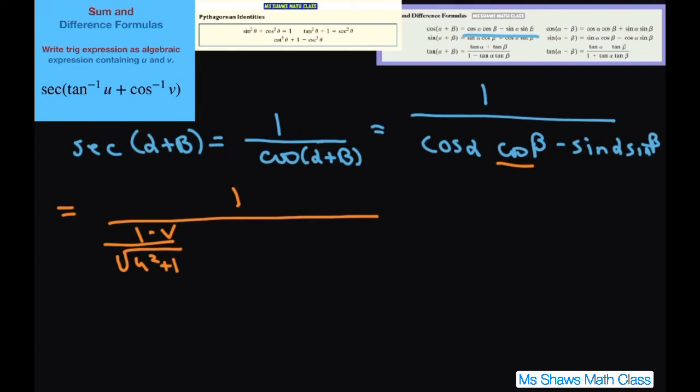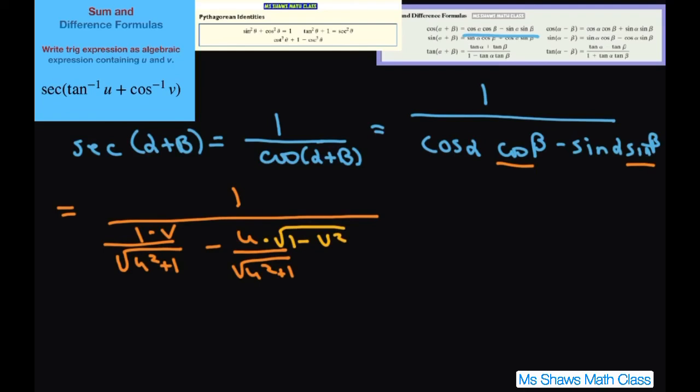Minus, and then we have sine of alpha, which is u divided by square root of u squared plus 1, times sine of beta, which was square root of 1 minus v squared. Now I'm just going to add that to the numerator here, so I'm going to multiply this by that.